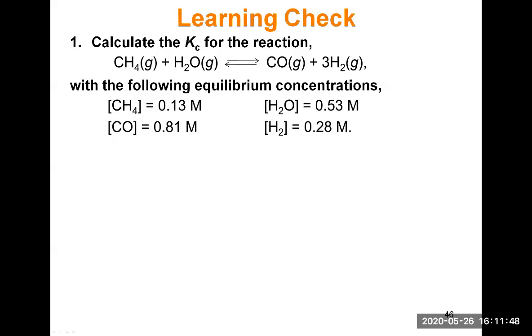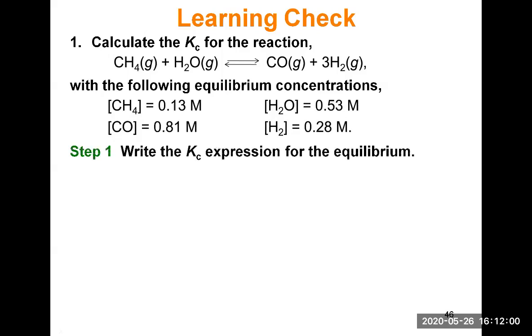First, you want to write the expression of the equilibrium constant for this reaction. Kc, remember, is the concentration of products over the concentration of reactants. Here we have two products, CO and H2.